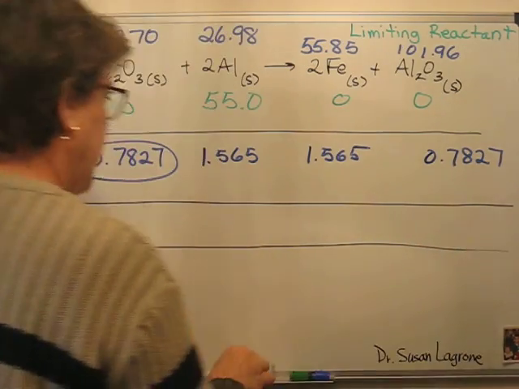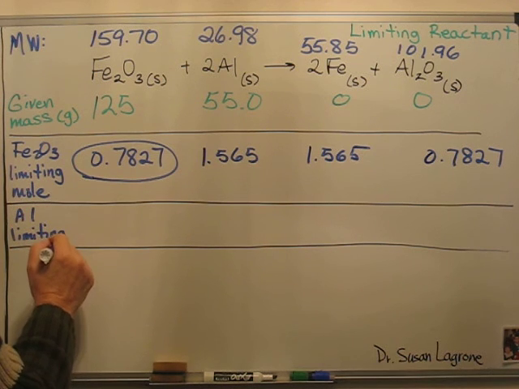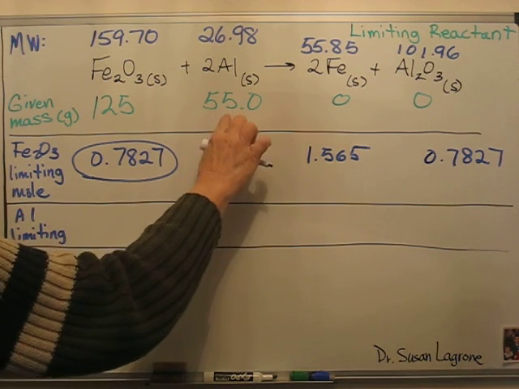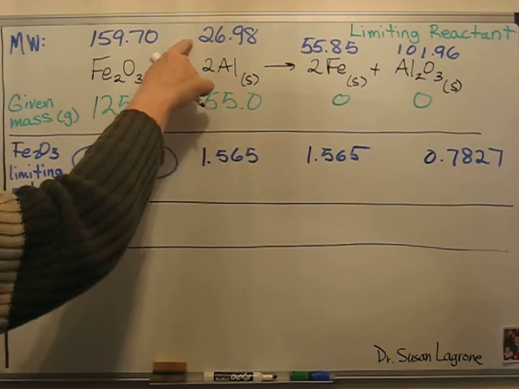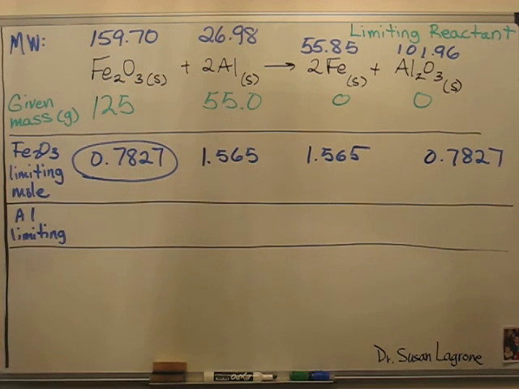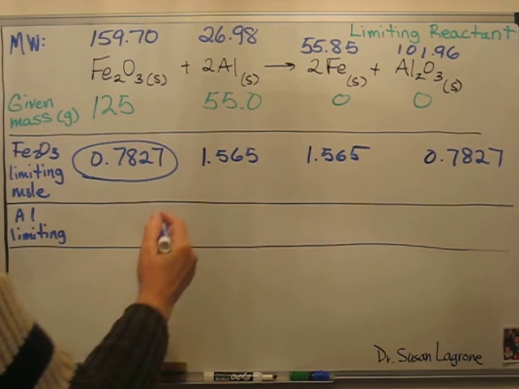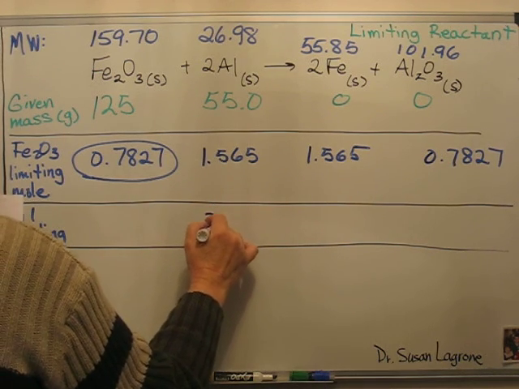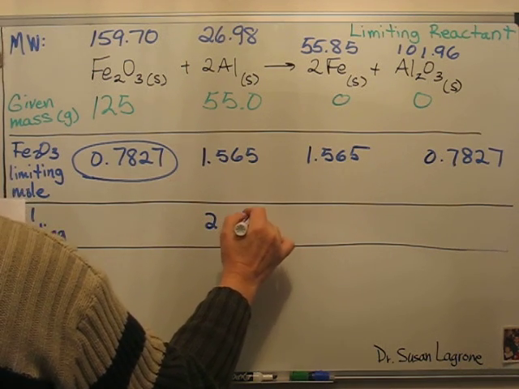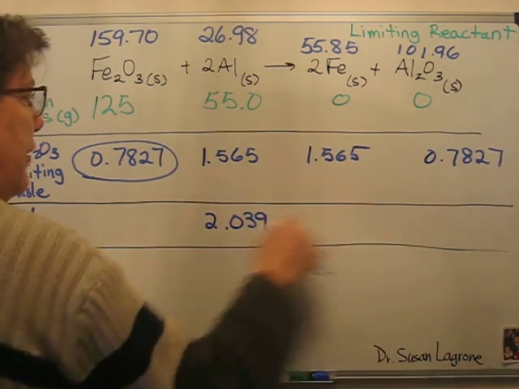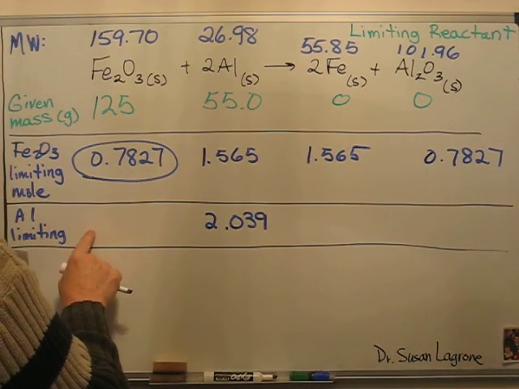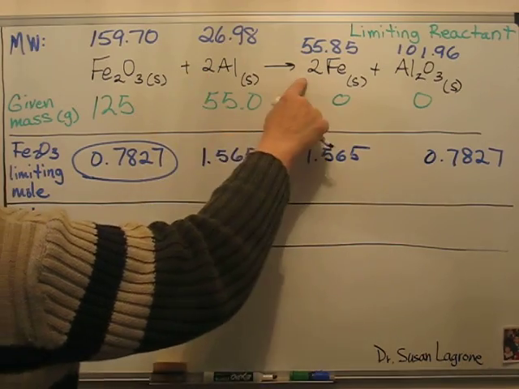Running out of room. So here I take my 55 grams and divide by the molar mass. And when I take 55 divided by the molar mass to get moles, I end up with 2.039. Again, I get moles of everything else in the balanced equation based on these mole ratios.